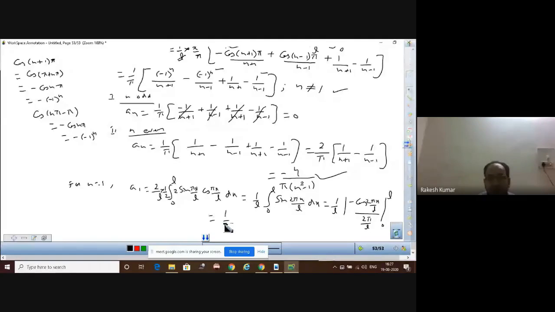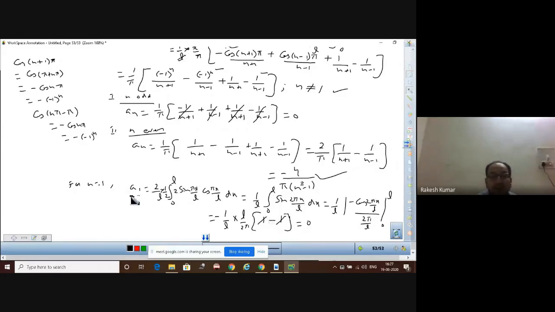Now you can substitute the limits, L over 2 pi can be taken. You substitute x is equal to L. L will be cancelled. Cos 2 pi is plus 1 minus cos 0 is 1. So ultimately it will give you 0 value.